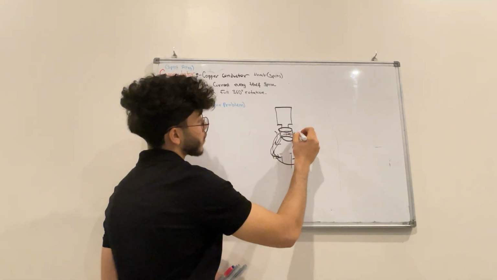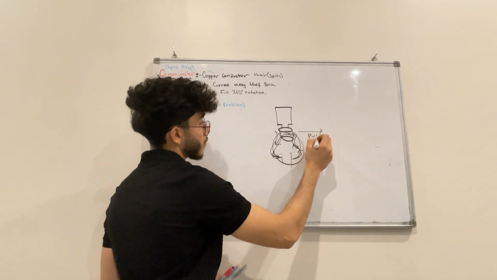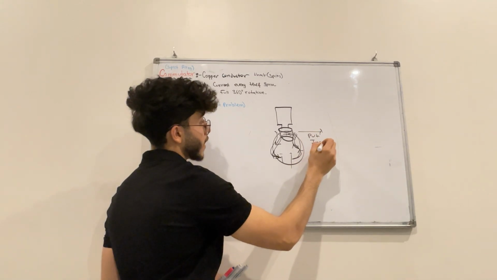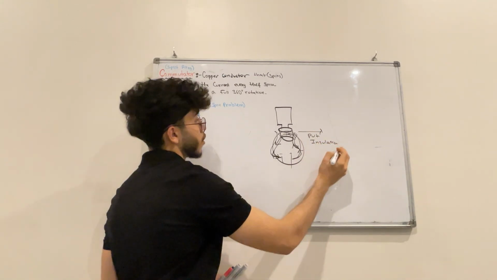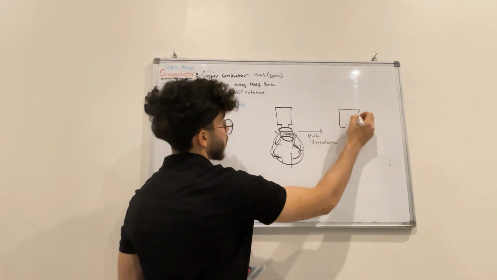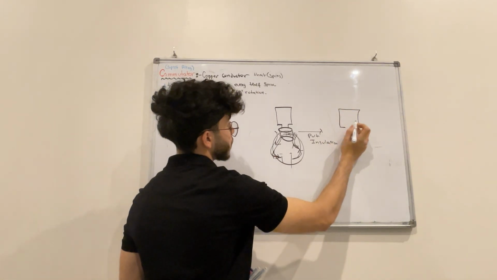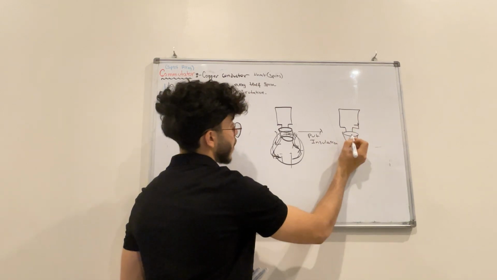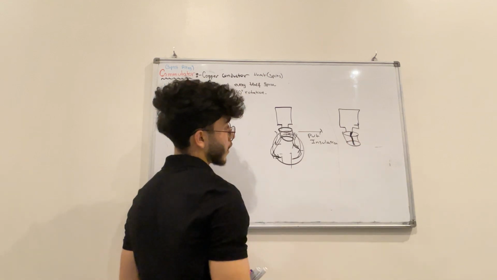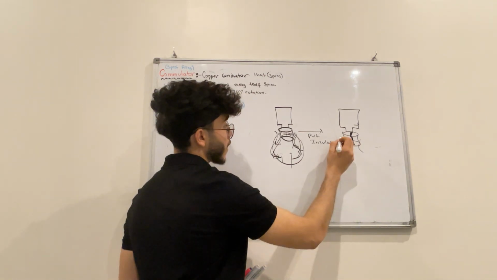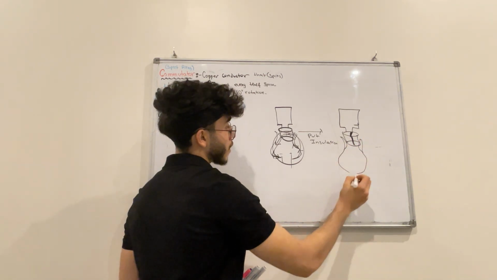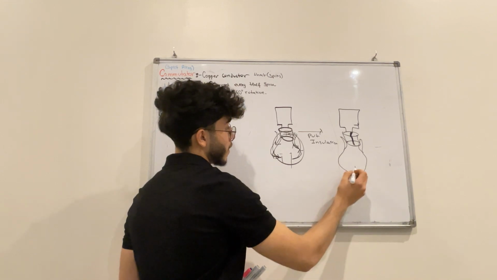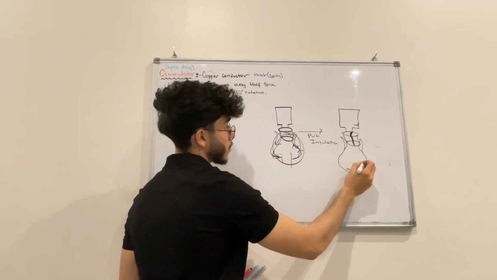Now, if I put insulation on the commutator, so now we have the coil again, and in the commutator I put some sort of insulation material, and then I connect the brushes and power supply. In this case, the current will flow.